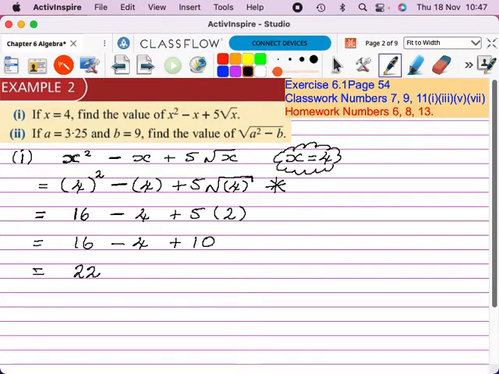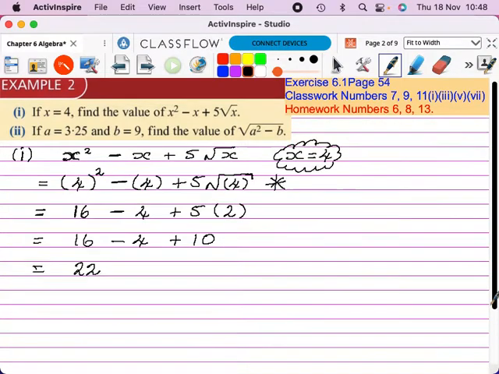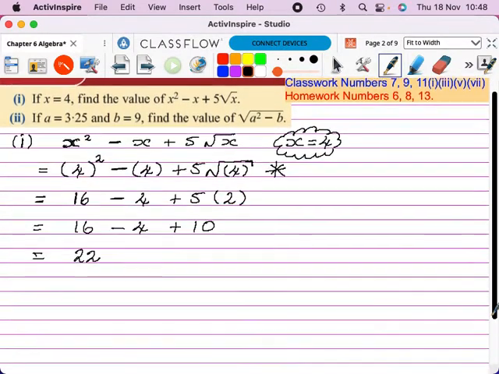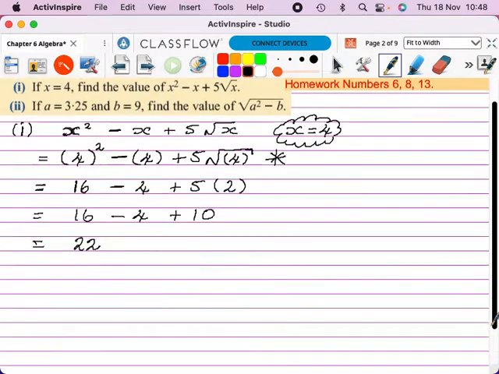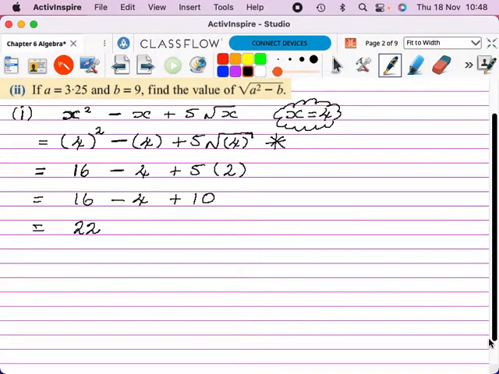And when you finish typing it in, you press the equals sign and you should get 22. So that's the end of example number 2, part 1. And we're now going to explore example part 2.